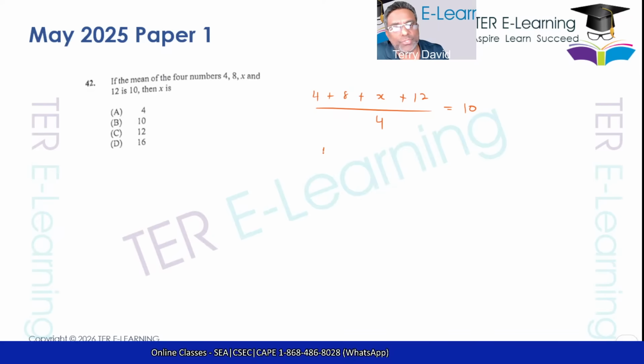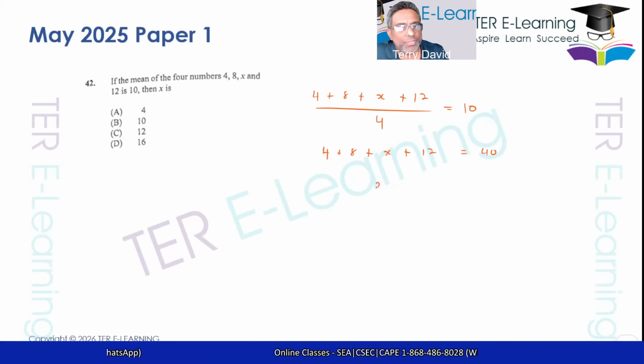So if I were to cross multiply, I'll get 4 plus 8 plus x plus 12 is equal to 4 times 10, which is 40. 8 and 12 is 20. So that's x plus 24 is equal to 40. So therefore, x is equal to 40 minus 24. So therefore, x is equal to 16. Right? So the missing number here is 16.